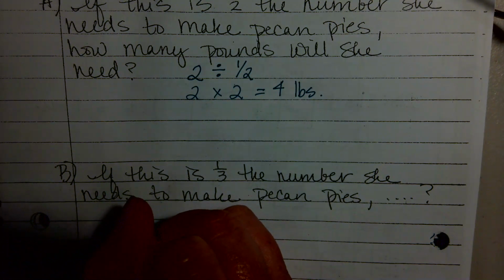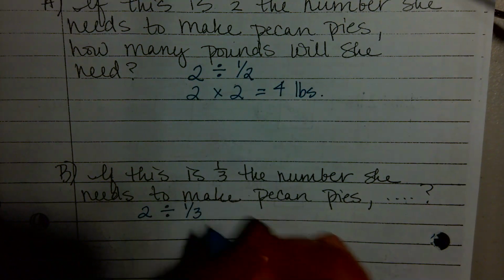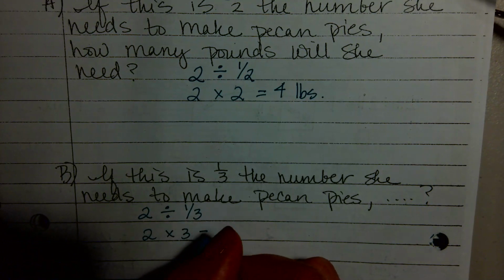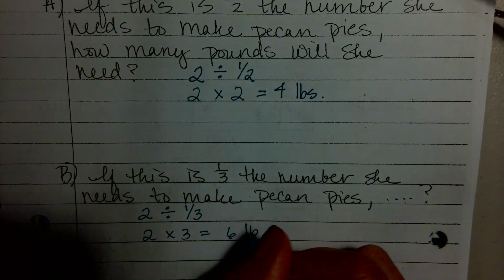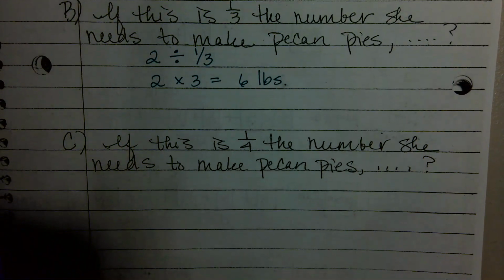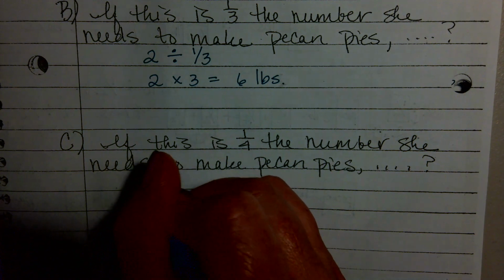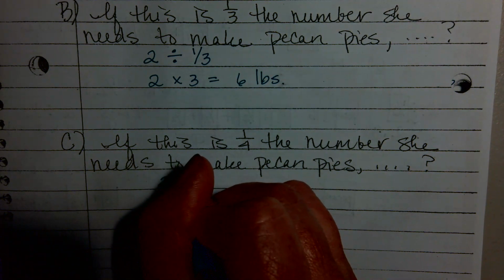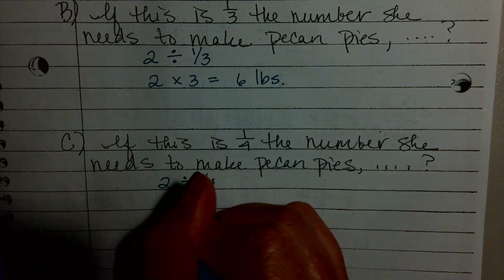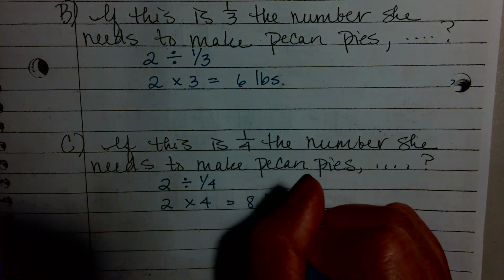Well, 2 divided into thirds. 2 times 3 equals 6 pounds. Then, if this is 1/4 the number she needs to make pecan pies, 2 divided by fourths. 2 times 4 equals 8 pounds.